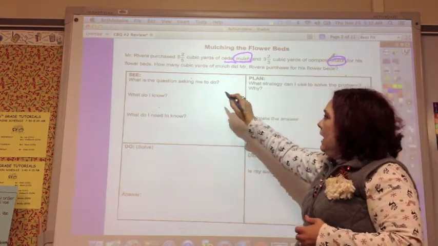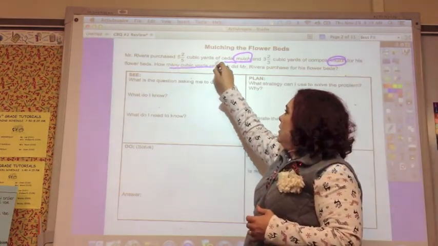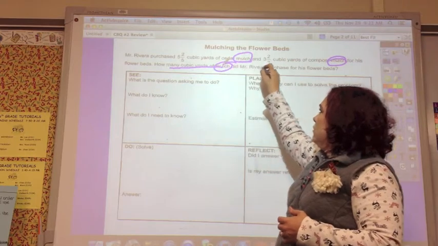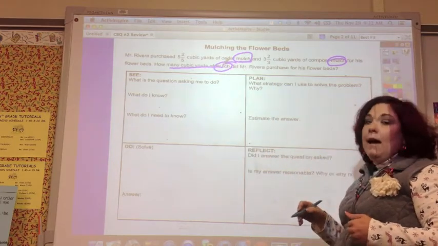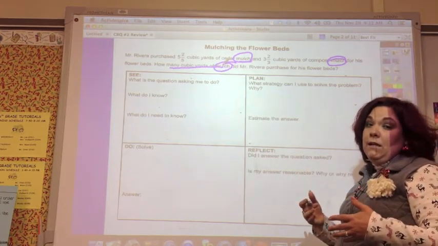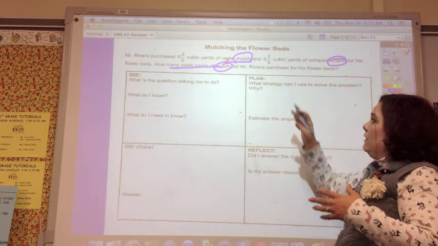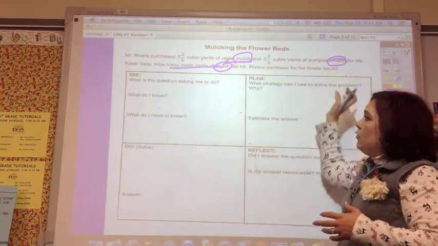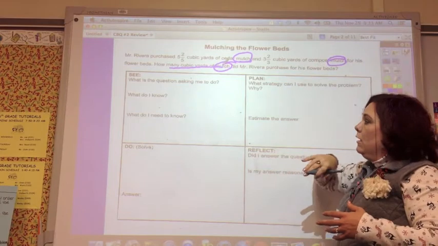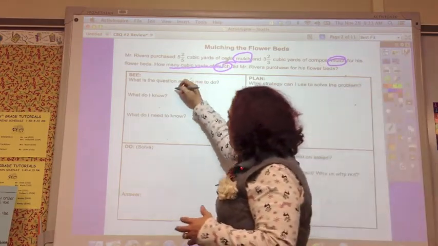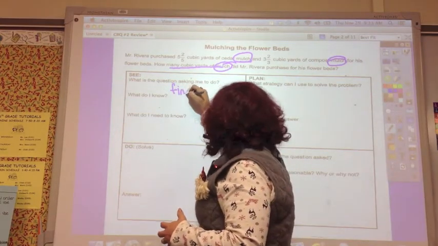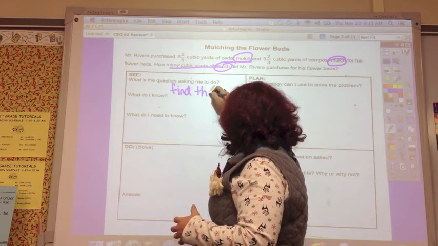And it's asking how many yards of mulch did Mr. Riviera purchase. So that leads you to believe it's going to be addition, because you're looking at this type of mulch, you want to know total mulch. And so it's asking me to find the amount.